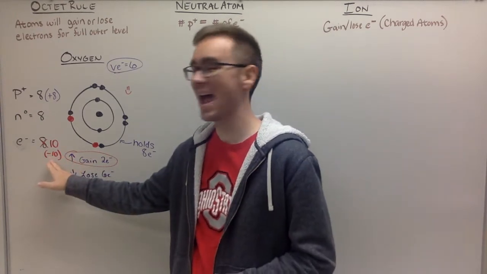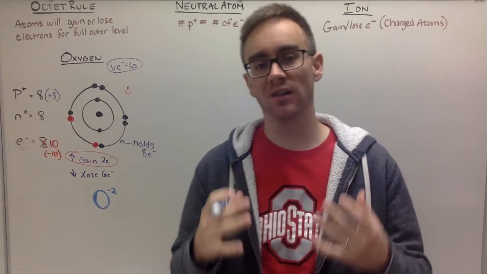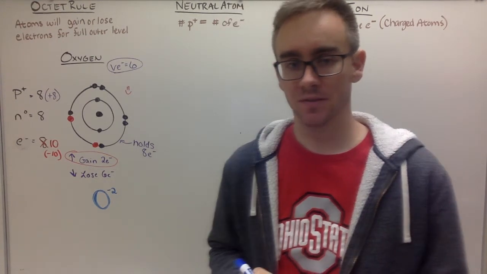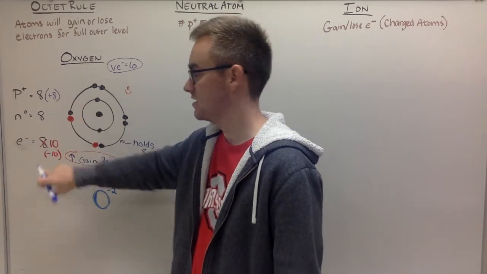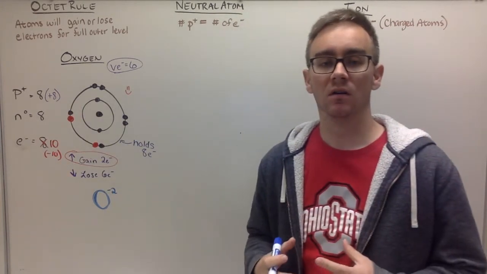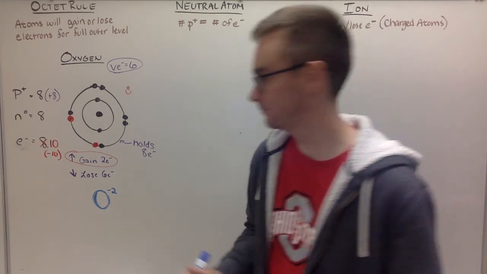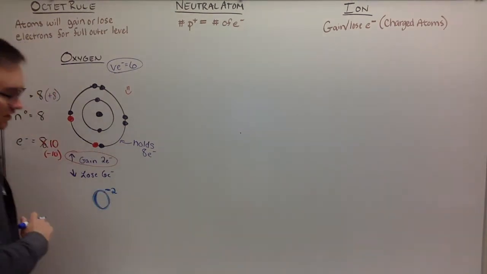We are gaining more negative electrons, which means we are becoming more negative. So that's why I like to do it the math way. Positive 8, negative 10, and now I have an overall negative 2 charge.